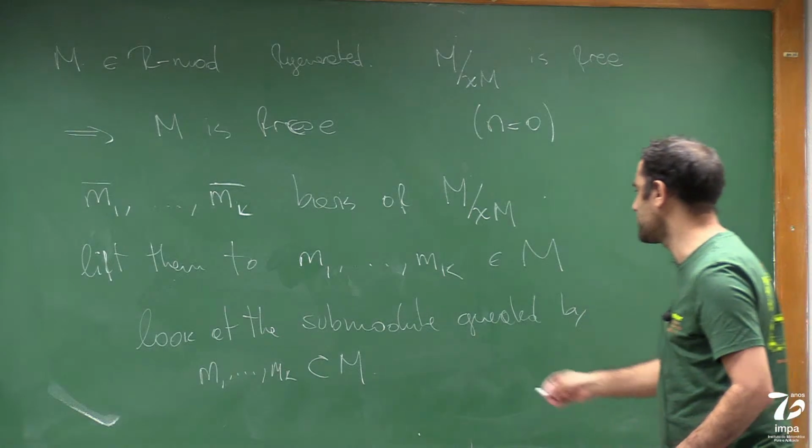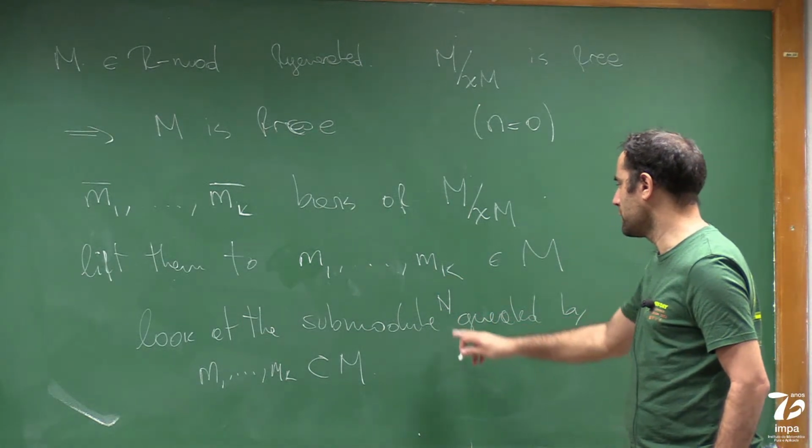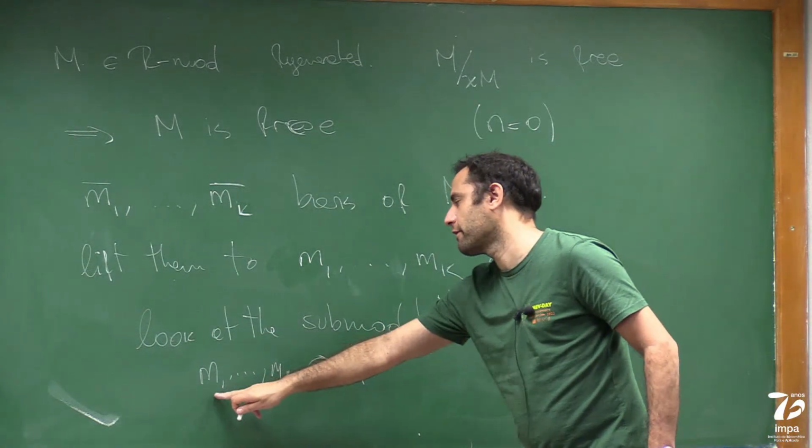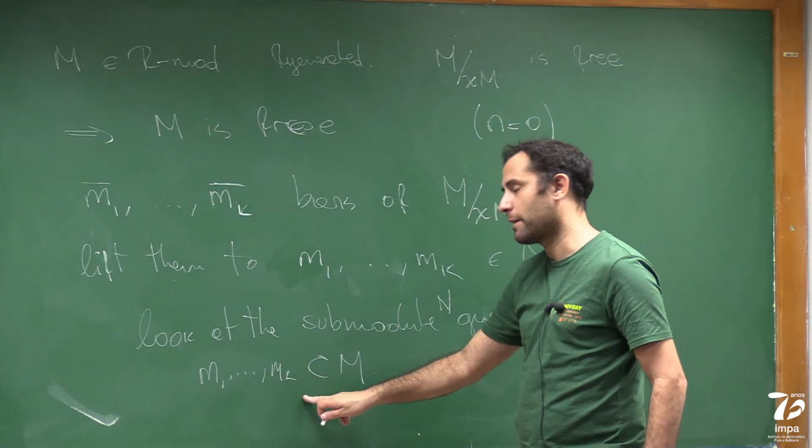So let's call this submodule N. So N is a submodule of M, which contains all these elements m1 up to mk.